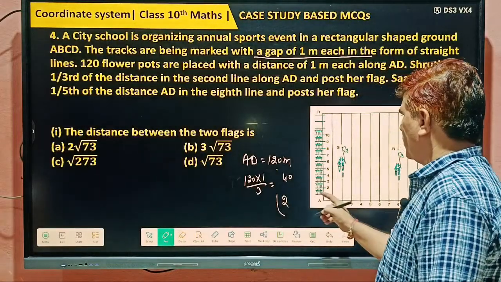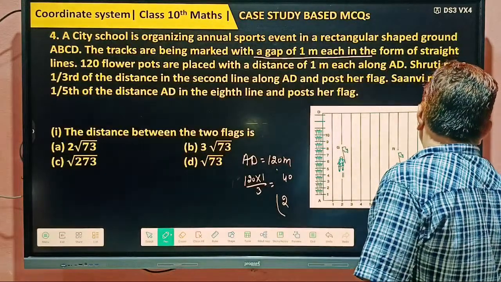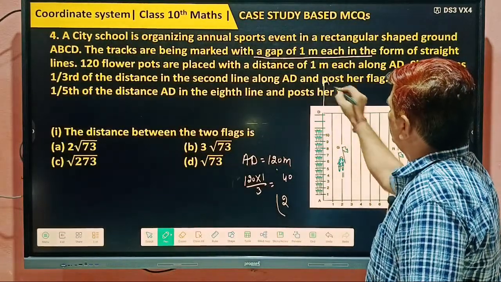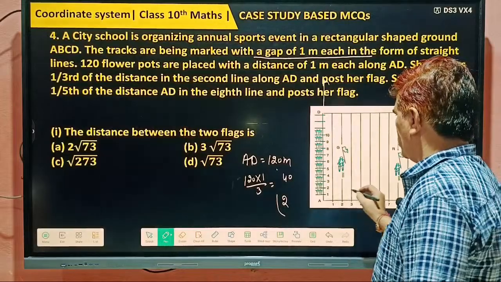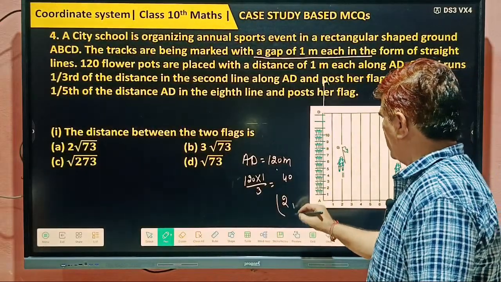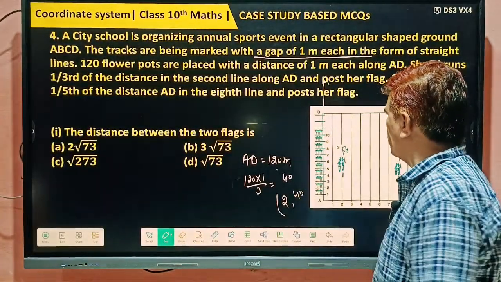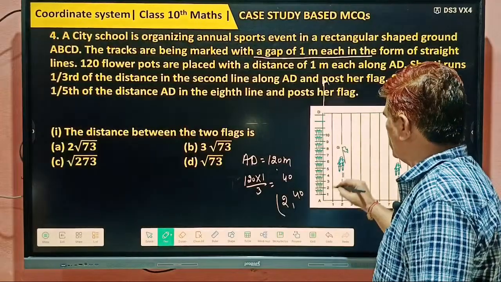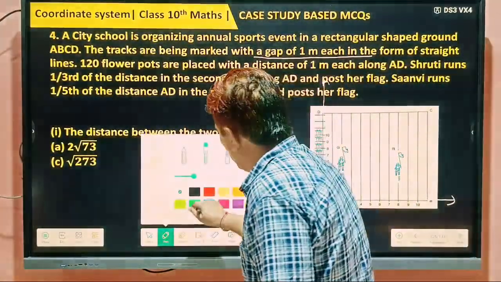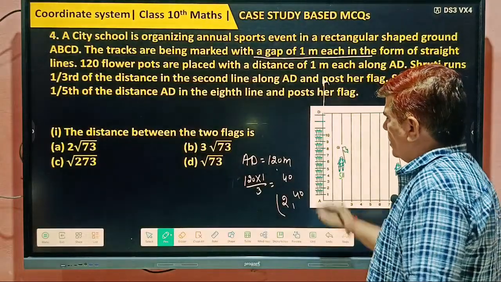So distance from the y-axis. This is the y-axis. This is the x-axis. So how much distance from this y-axis? 1 unit, 2 unit. And in this direction 40. So 2 and 40 are the coordinates of this point. S we can say. S means Shruti, the name of that girl. Understood?